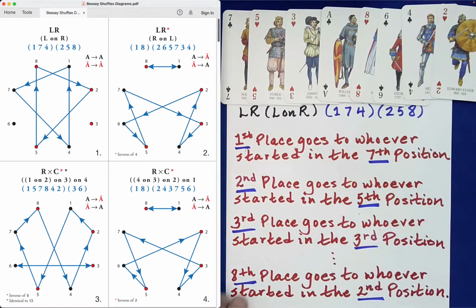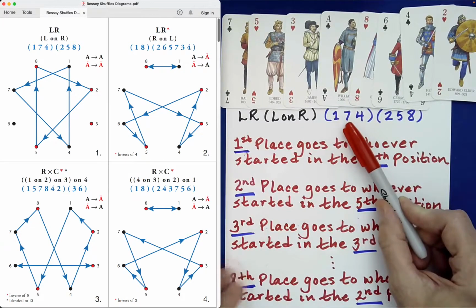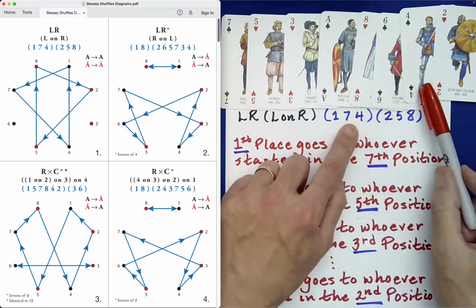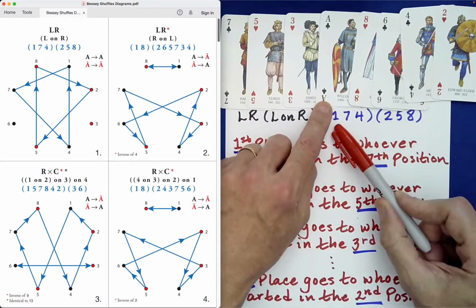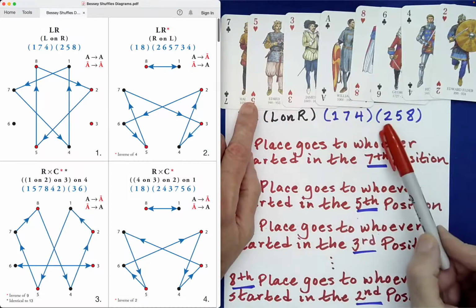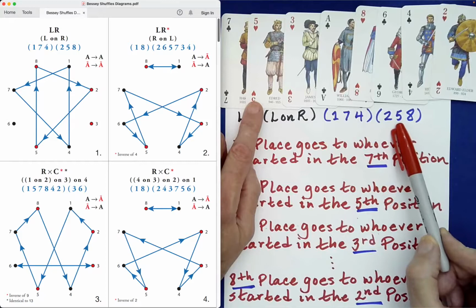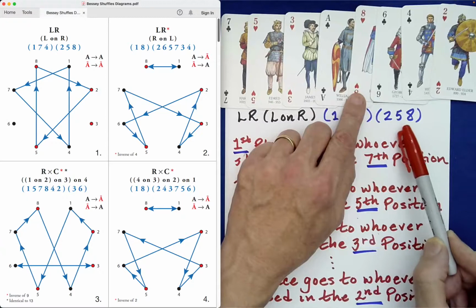So you can think of these as assigning a new placement order to the cards after the shuffle has been completed, and we can read it from here. First place goes to 7, the card that was in position 7. 7th place goes to the card that was in position 4. 4th place goes to the card that was in position 1. Second place goes to the card that was originally in position 5. 5th place, right here, goes to the person who was originally in position 8.